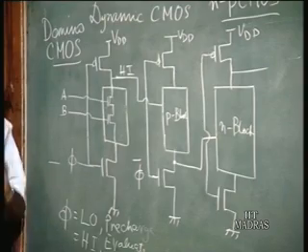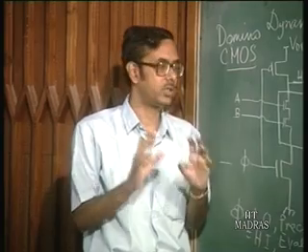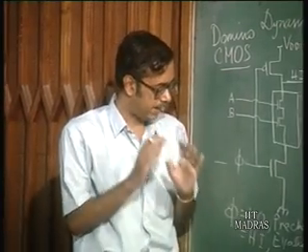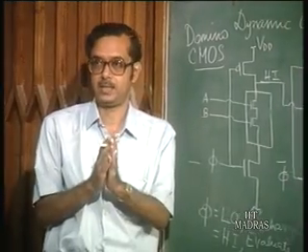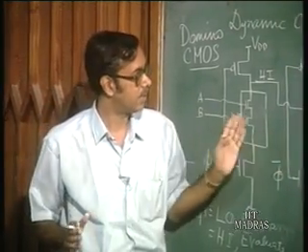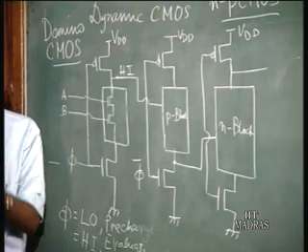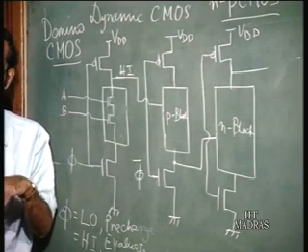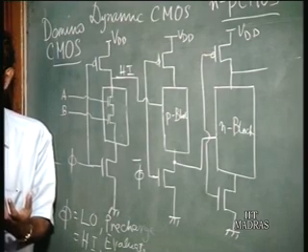So basically, to ensure that this works properly, at the beginning of the evaluate phase, all the transistors in the P block and the N block must be off, and then depending on the inputs they can turn on.